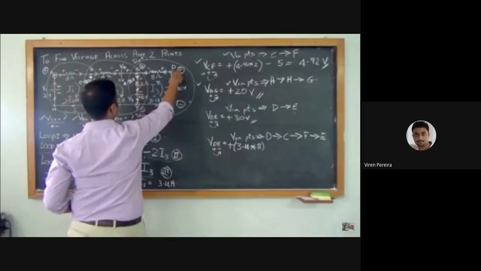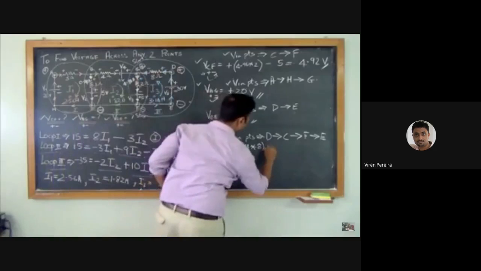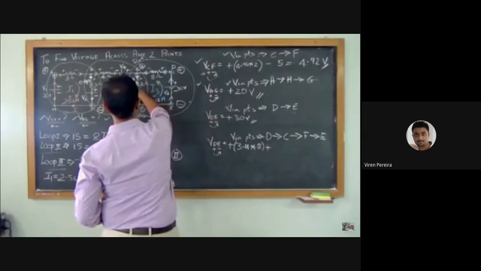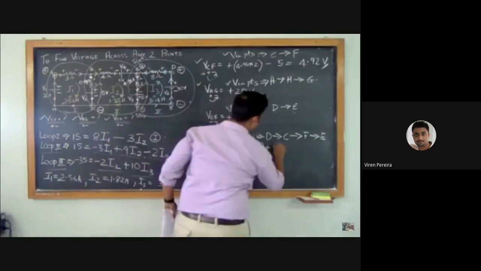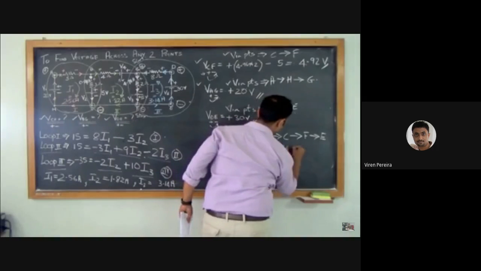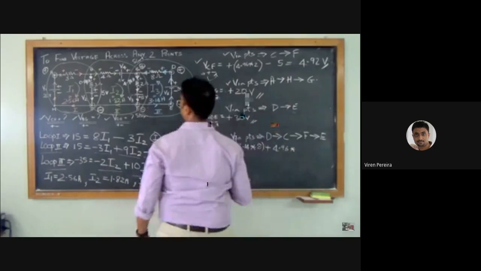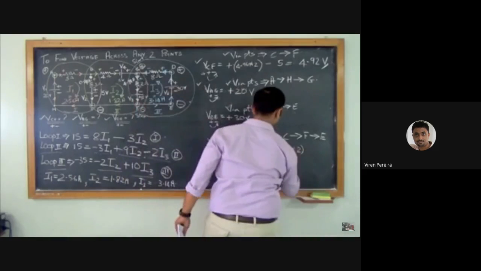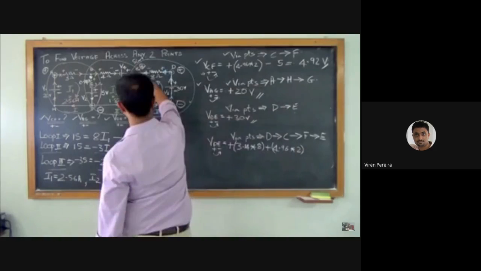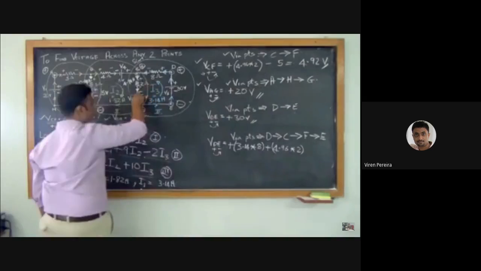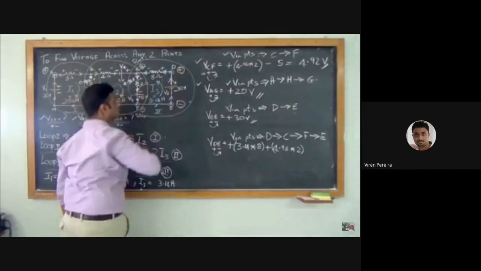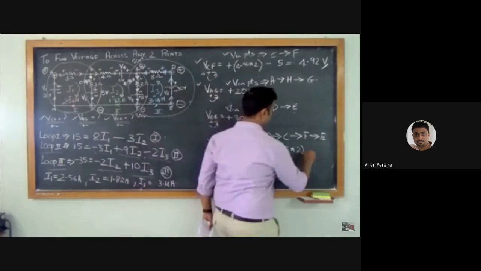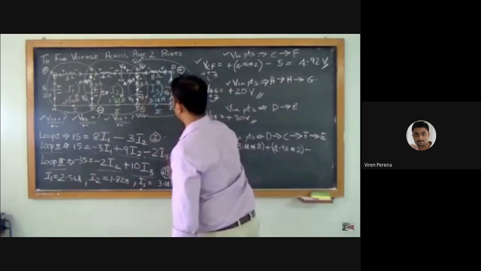Positive. Positive into positive, positive. What is the current flowing in this resistor? 4.96. So 4.96 into 2. Then, what is the first terminal of this voltage source? Negative. Again, negative into positive, negative. What is the value? 5.